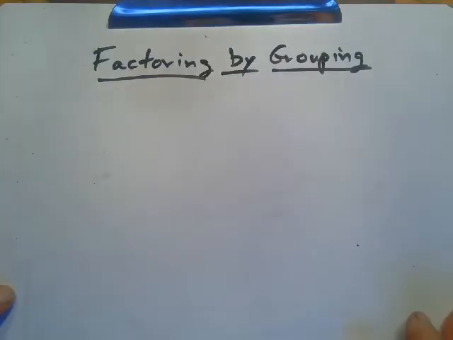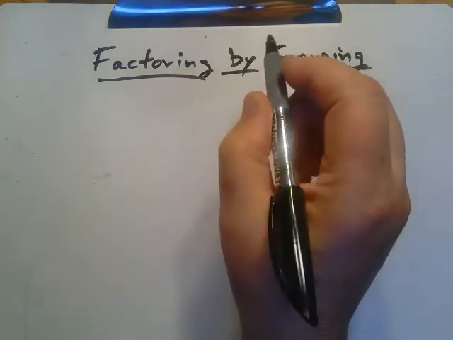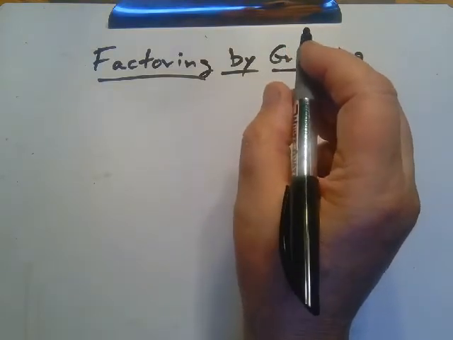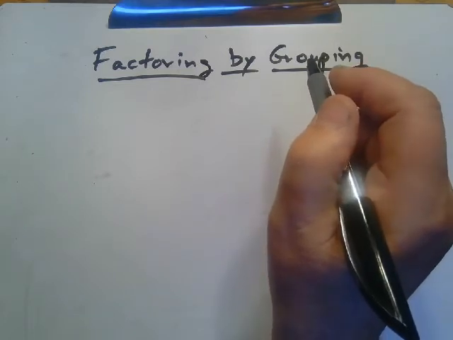All right, let's tackle factoring by grouping. I'll go over several of these, but you can keep looking back at your factoring toolbox to see how these are done. Factoring by grouping is a process that we use when you can't take something out of every term.